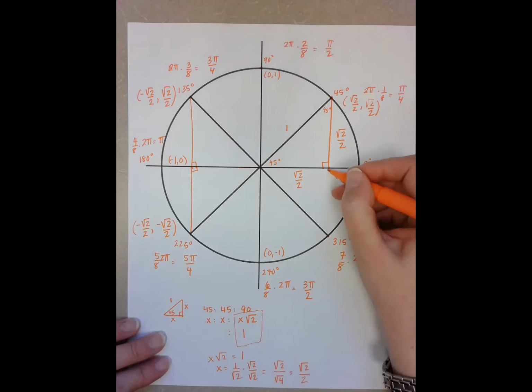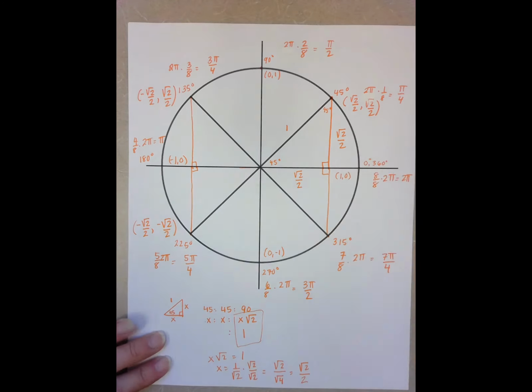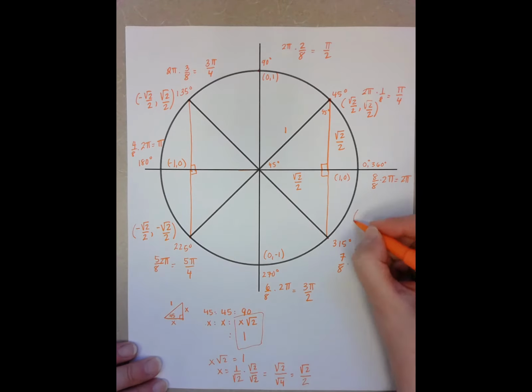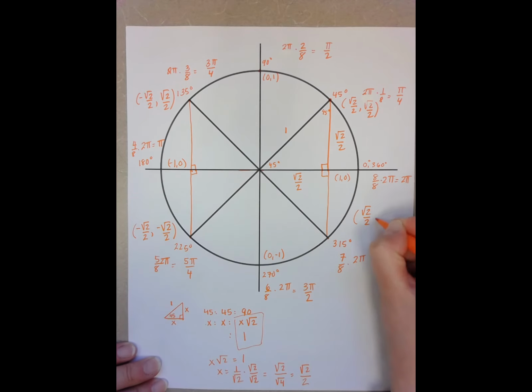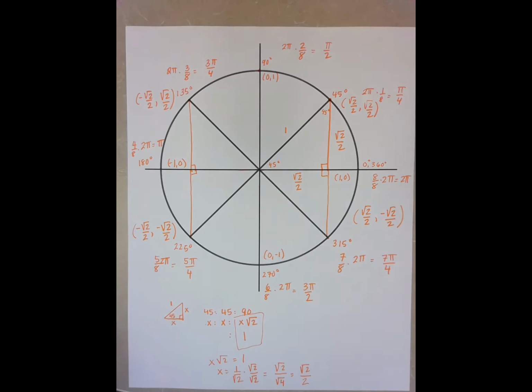And then this last triangle, again, still 45, 45, 90. However, I went positive and then negative. So positive root 2 over 2 and negative square root of 2 over 2. And so I now have my unit circle filled out up to 45, 45, 90 triangles.